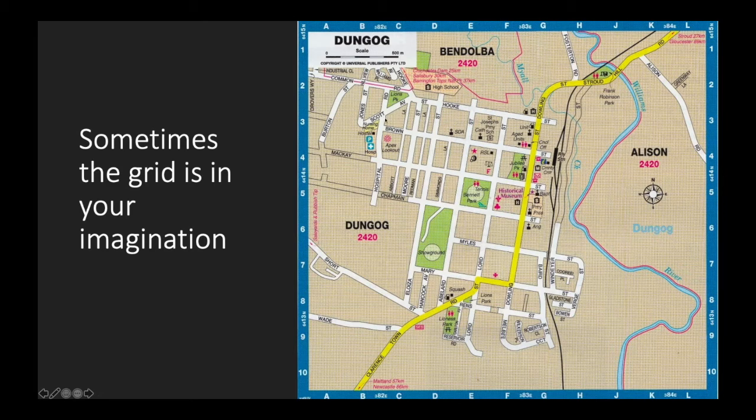And literally that's what we had to do. So if it was D7, I don't know what's at D7, so let's have a look. D, and again I go down the side to 7, and that would kind of be Mary Street. Or it could also be the showground, right? Because the grids aren't clear. So there's a bit of wiggle room, really, because the grid isn't an overlay. So we had to use our imagination.